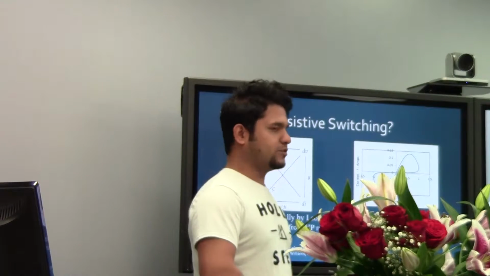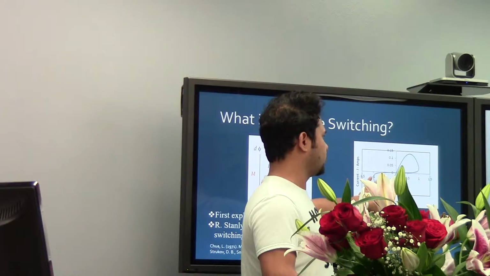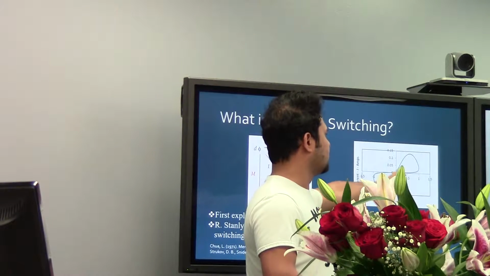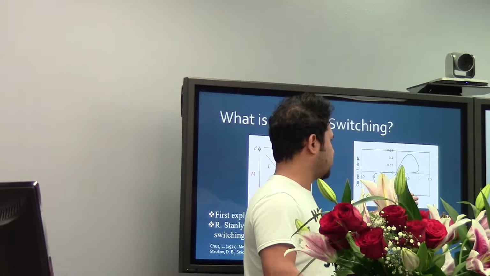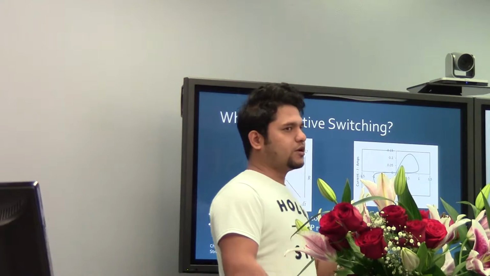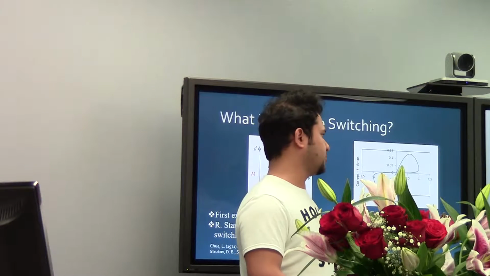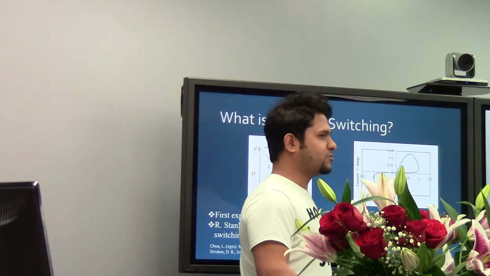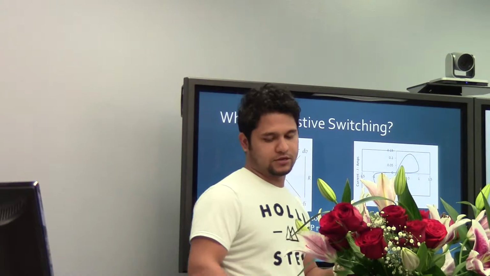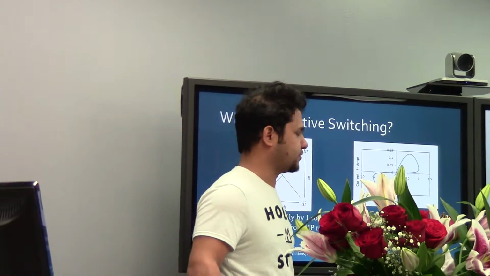So how does this switching actually work? In the device, if we increase the voltage in the positive direction, the conductivity increases, and it can keep that conductivity as memory. If we apply the reverse bias, it gives back the previous resistance.